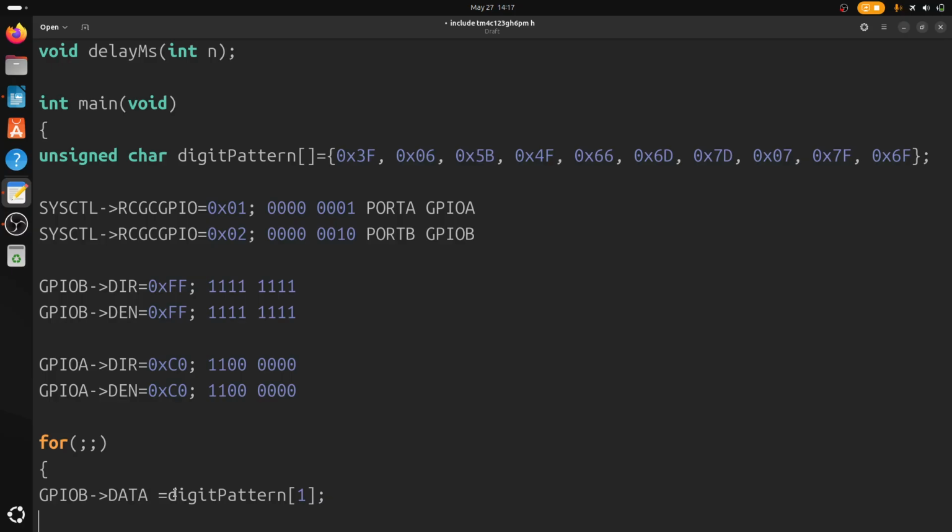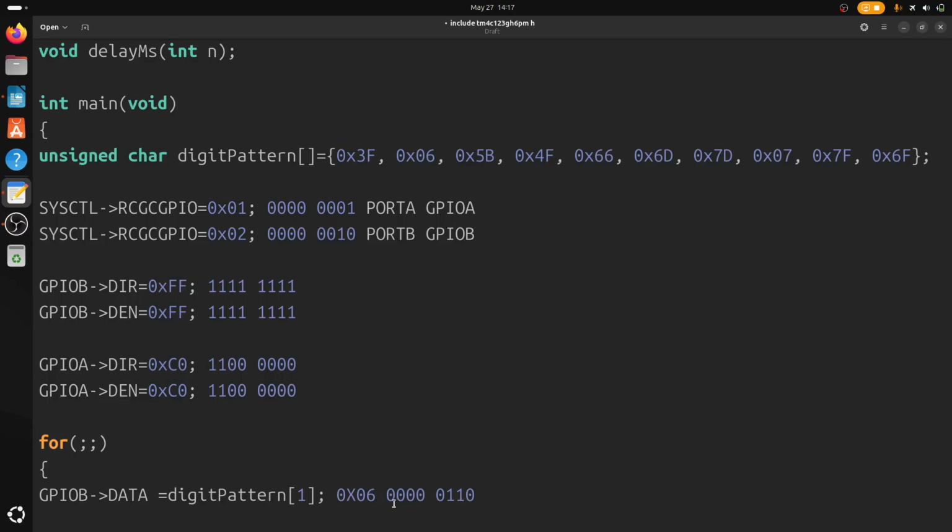So what data we are supplying is from the array, array 1. This one is 0, this one is 1. So we are supplying the value 0x06. 0x06 means this one is 0 in hexadecimal and this one is 11.